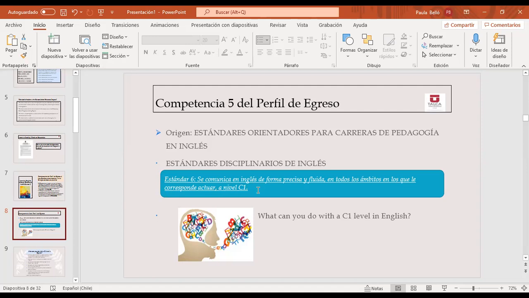Y nosotros sabemos que todos los profesores de las pedagogías en inglés en general del país, sea para educación media, que es la gran mayoría, pero hay algunas que se especializan en educación básica, exigen este nivel C1 porque es una exigencia de ley de parte del ministerio. Entonces, sea en los ámbitos en los que les toque actuar, necesita todo el mundo tener un nivel C1 como entrada al mundo laboral.